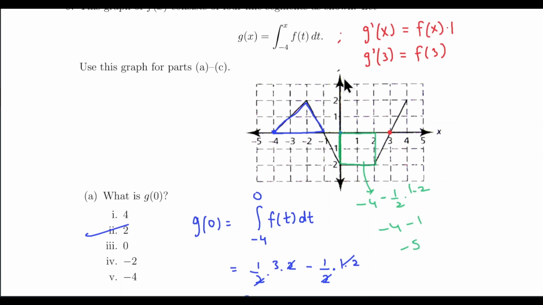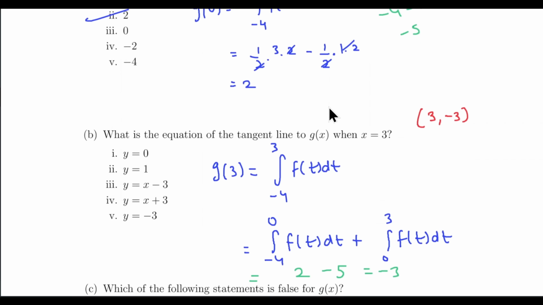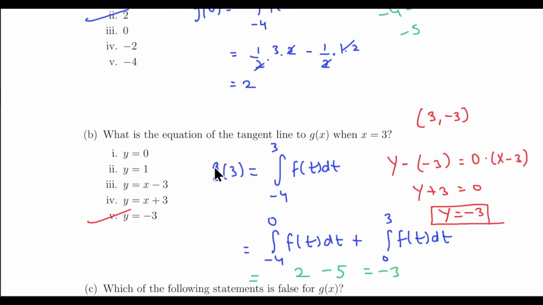That's interesting because this is the graph of f(x) and f(3) is 0. So that makes things easy. My answer will be y minus y1 equal to 0 times (x minus 3). So y plus 3 is equal to 0, so y is equal to negative 3. Yes, which is in the options, so it should be the last one.